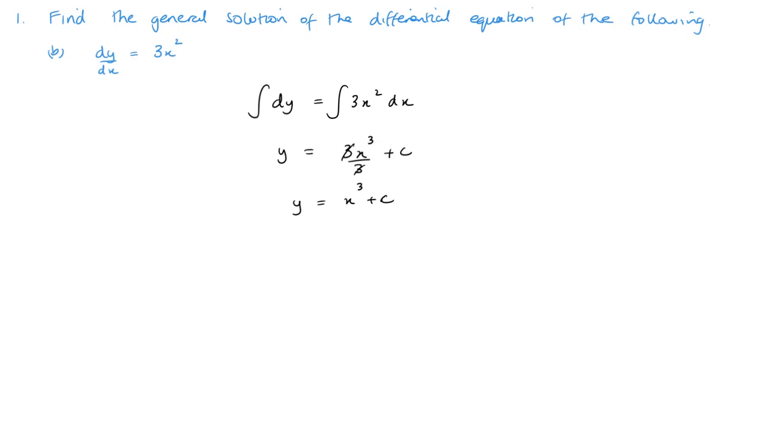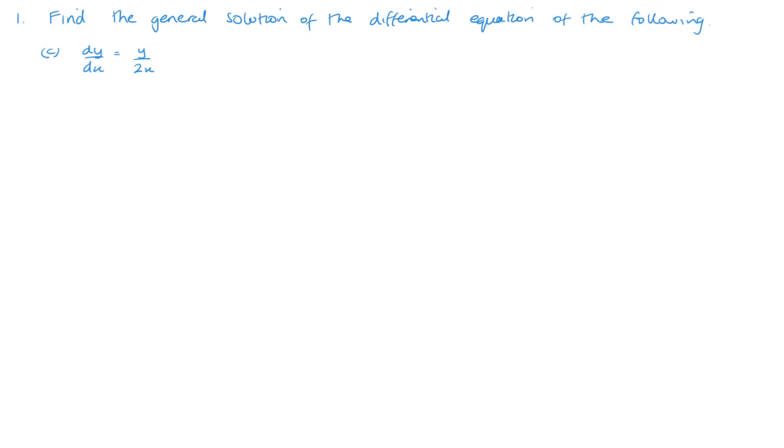Let's have a look at c. Now c is involving x's and y's, so let's take the y to the left, so it becomes 1 over y dy, and then 1 over 2x dx on the right.